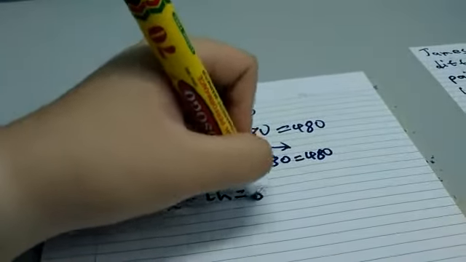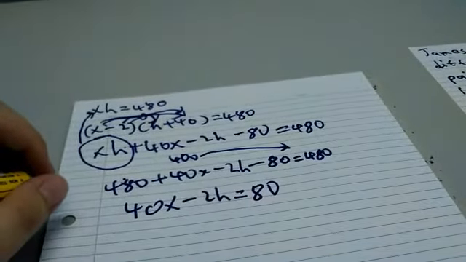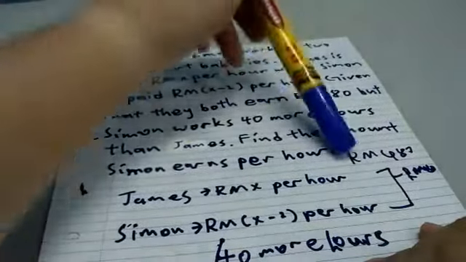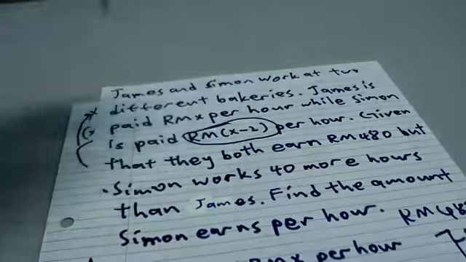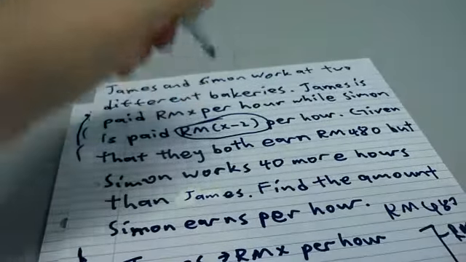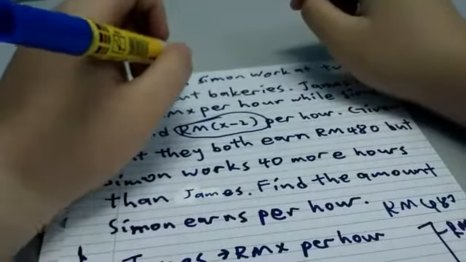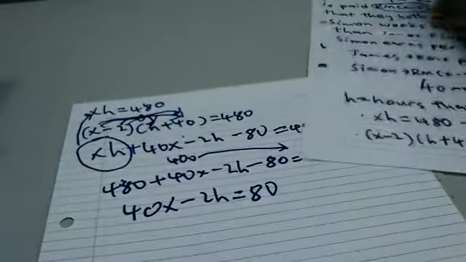We are focusing on finding the amount that Simon earns per hour, so to find it we should find the value of x.